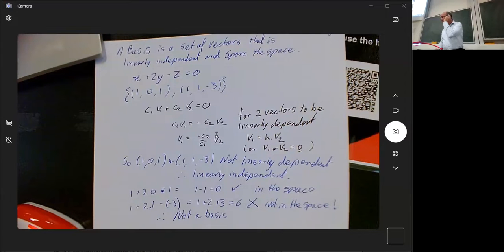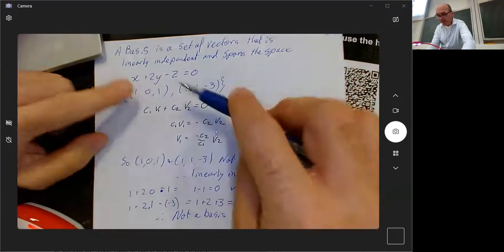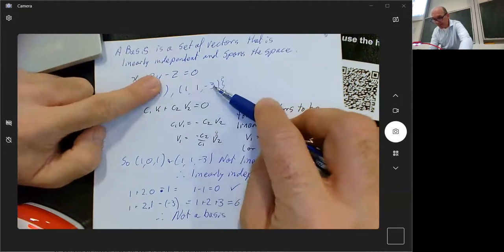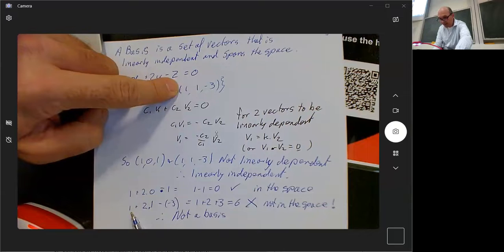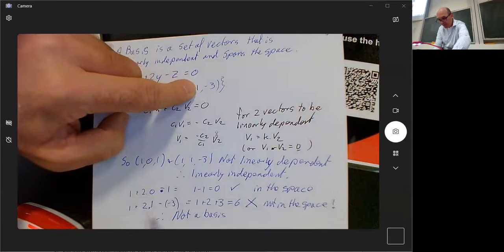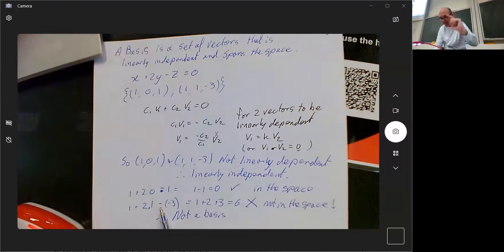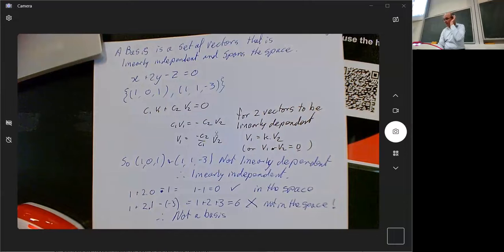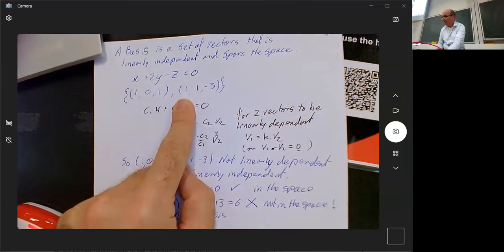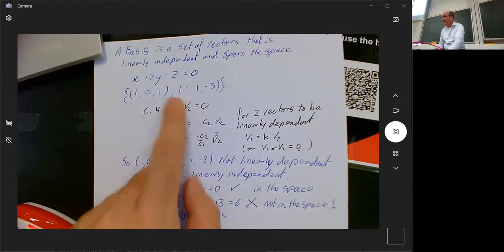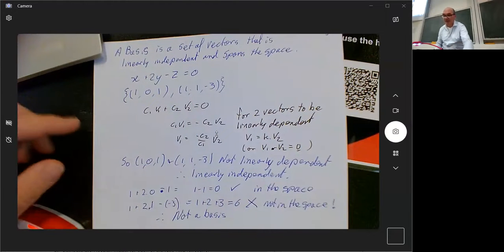Sorry. So what I've done is I've treated this as X, this as Y, this as Z. So what I'm doing here is I'm going 1 times X, 2 times Y, minus 3 times Z. Because X, Y, Z here don't satisfy this equation.